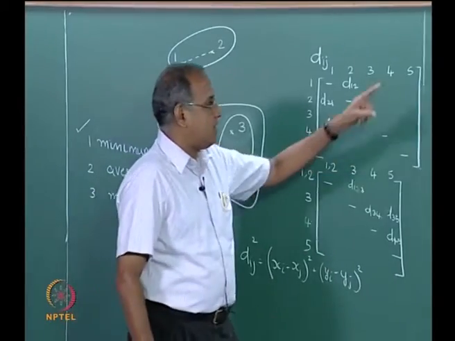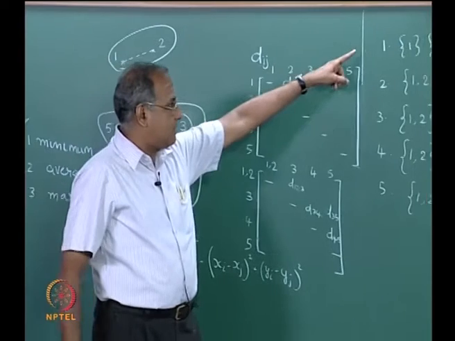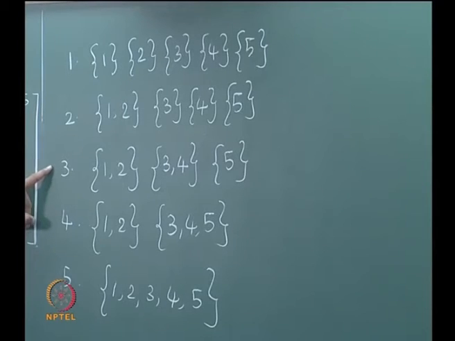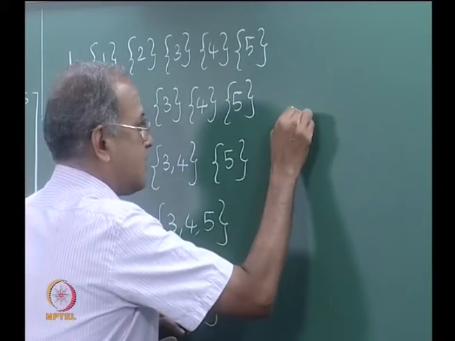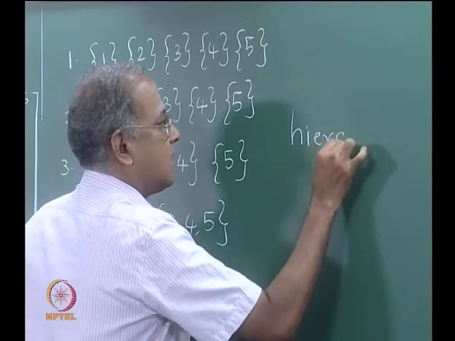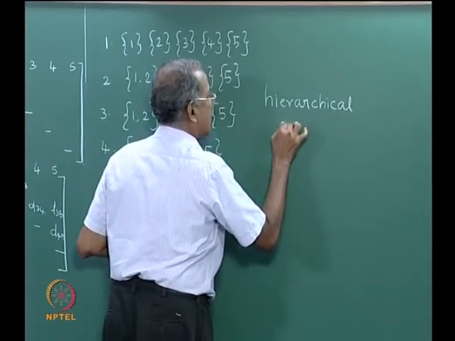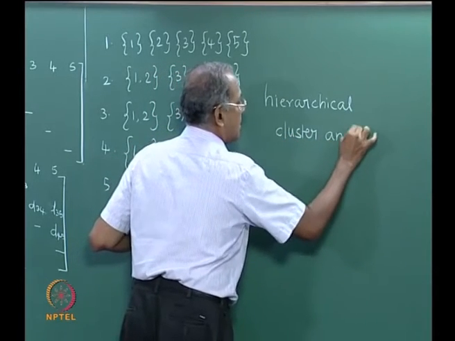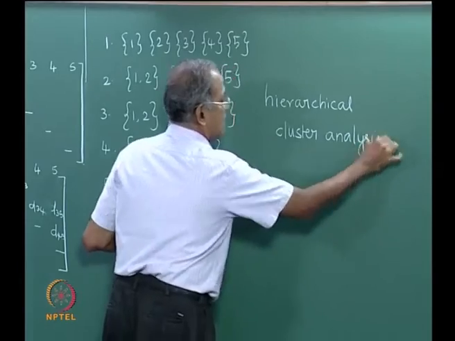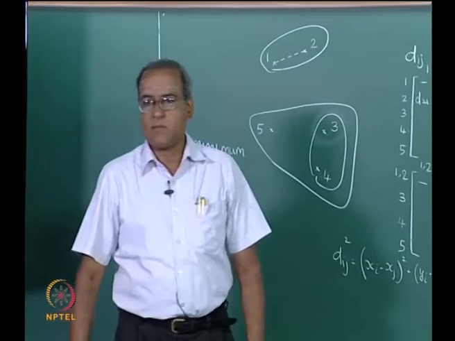So, we can provide the solution in a hierarchy starting from n, n minus 1, n minus 2, etc. up to 1, and this process is called hierarchical cluster analysis. So, this is the basis of hierarchical cluster analysis.